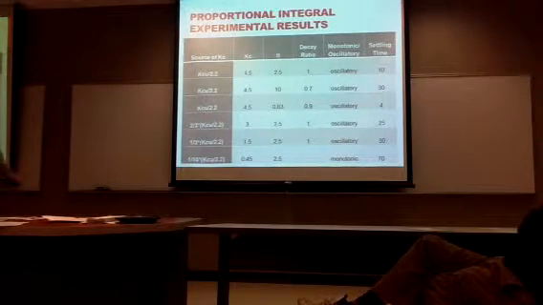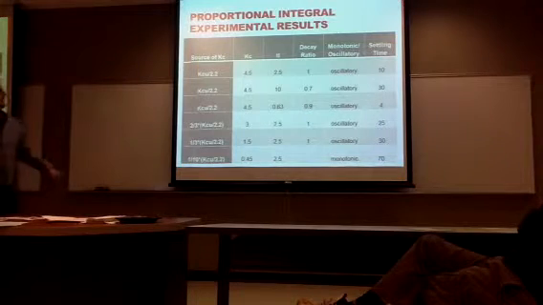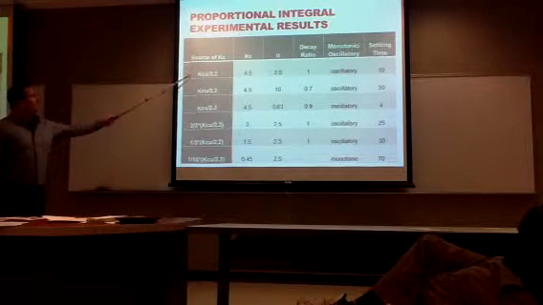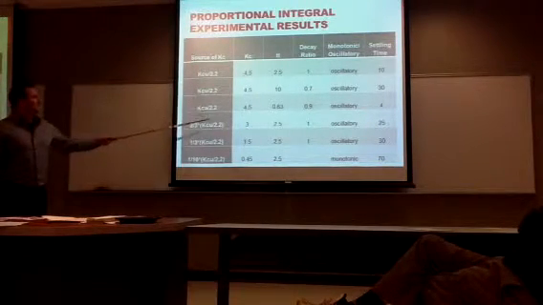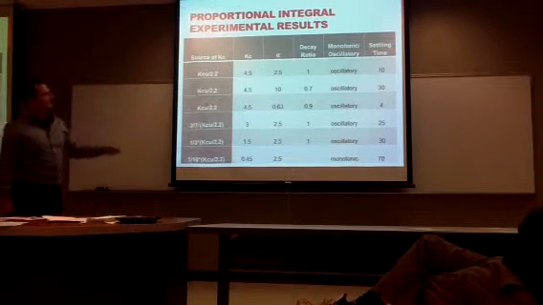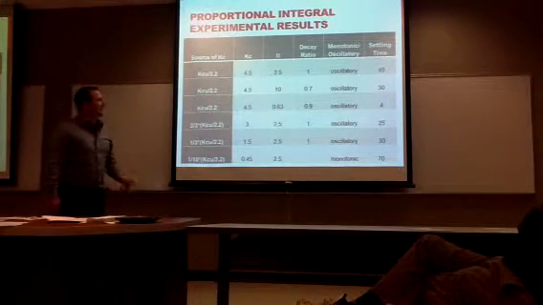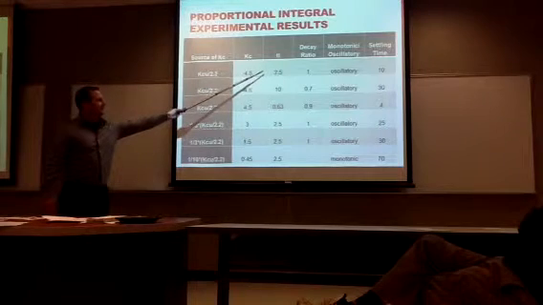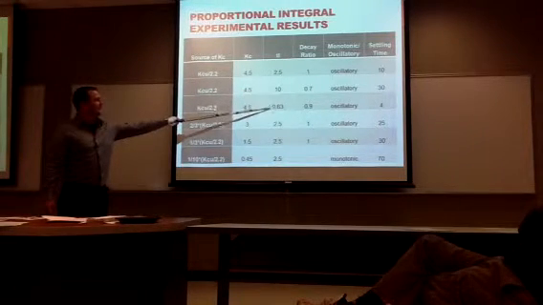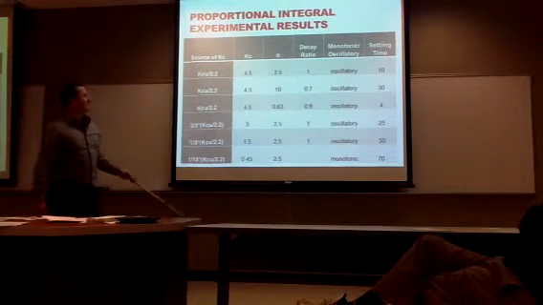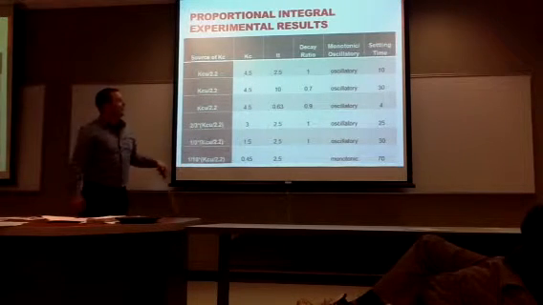And here are the results that I got. I did the KCU divided by 2.2, and I changed the tau of I. I took this one times 4, and this one divided by 4 of this value.